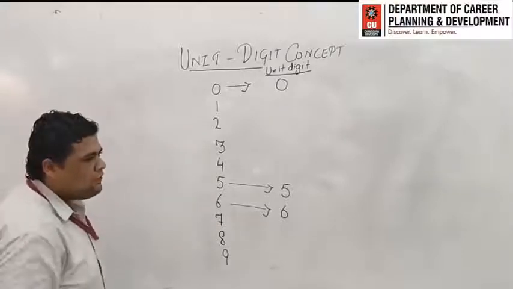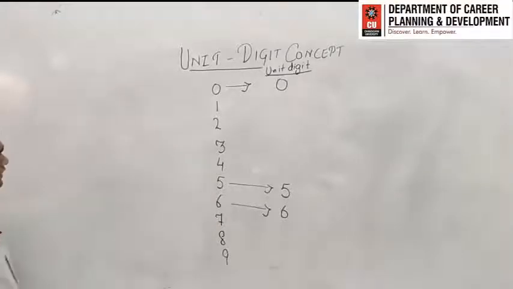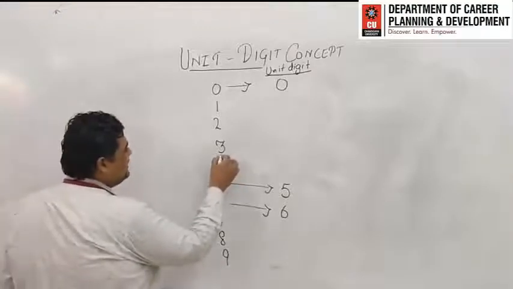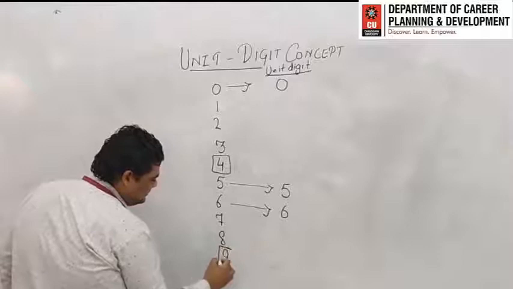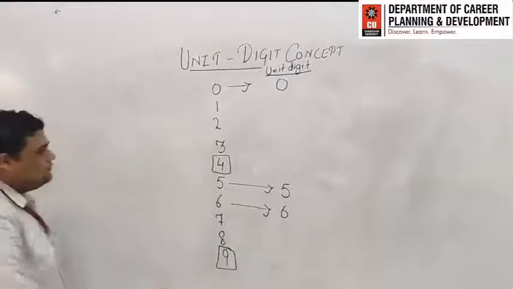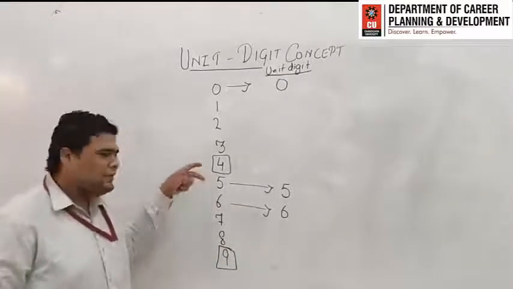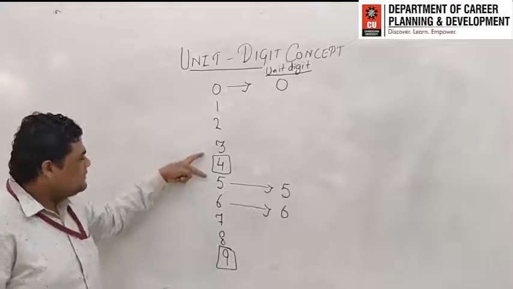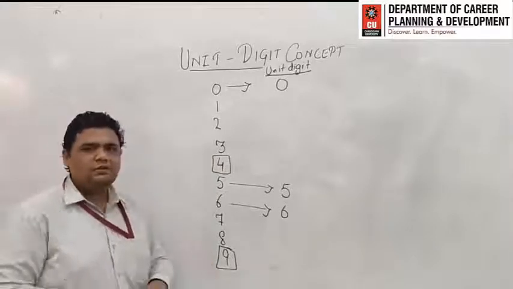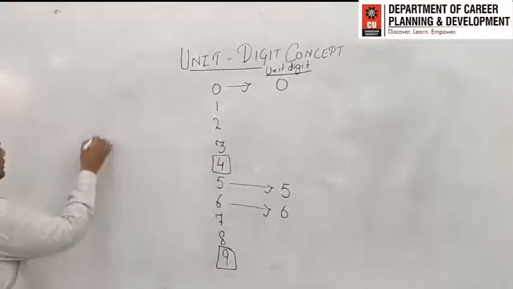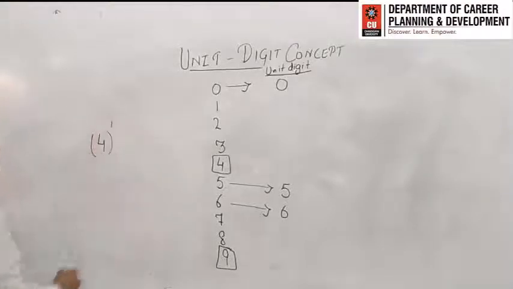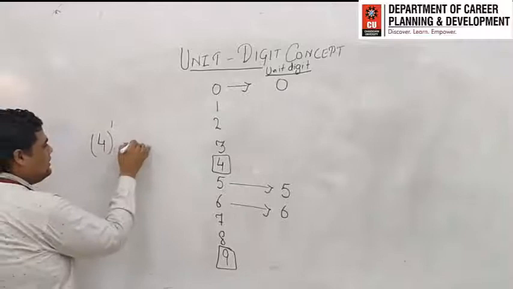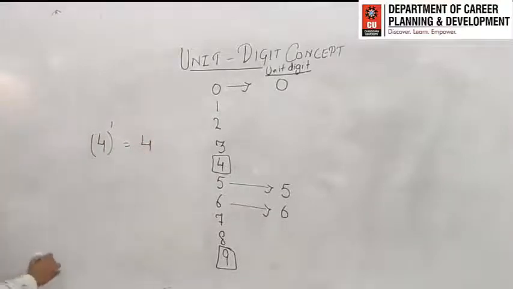Now let's go for the cycle of 2. For this we will take the values 4 and 9, whenever the unit place of a number is 4 or 9. So let us see. 4 raised to the power 1 is 4.